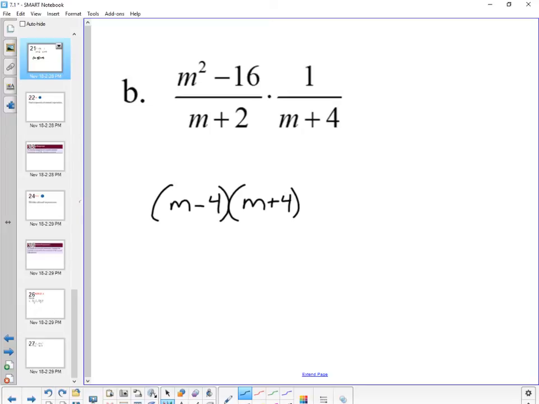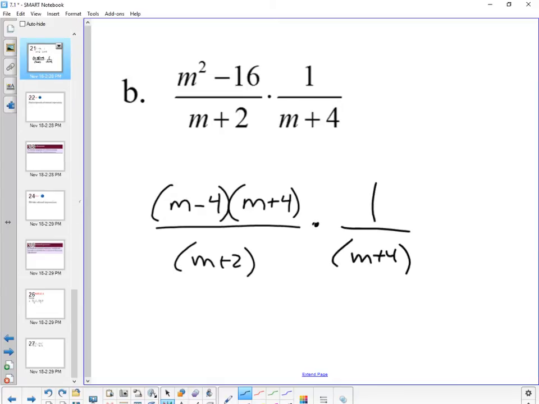Good job. So, the bottom is not going to change. That's just a 1, not a big deal. And then we got n plus 4, right? So, here's the breakdown. All we got to do now, Jessica, is find some. What are we looking for?